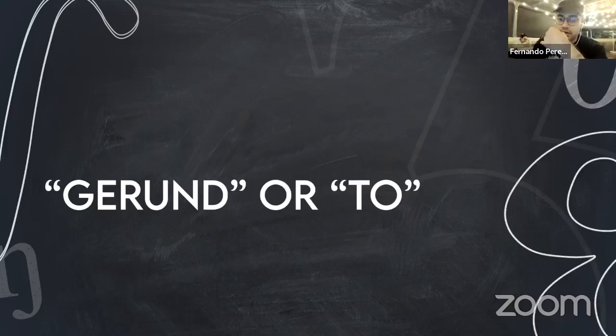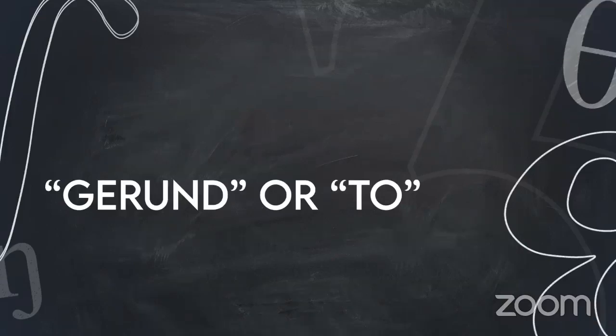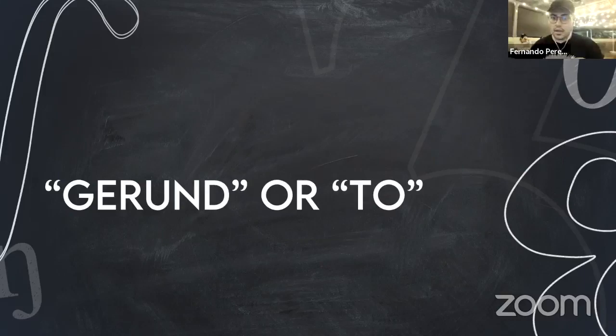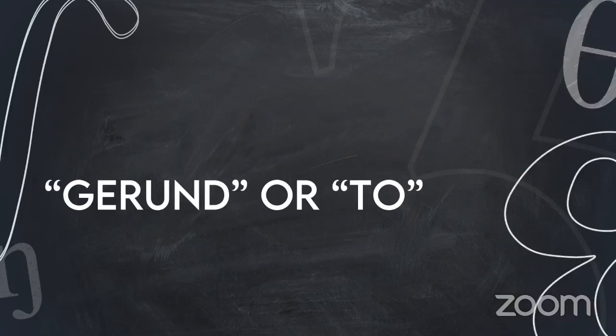But first, we are going to cover what colors are necessary for this lesson. Remember the colors? In this case, what colors will be necessary? Number one, color green. What is represented with color green? The verb.